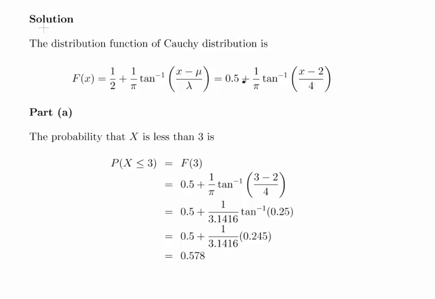So we have 0.5 plus 1 over pi times tan to the minus 1 of (x minus 2) divided by 4. Essentially what we have to do is evaluate this, so it turns into a bit of calculator work.